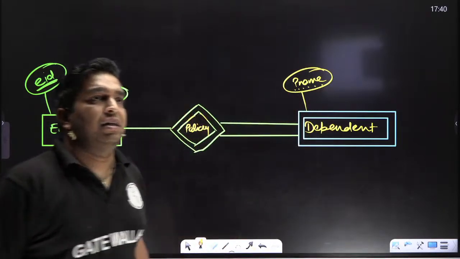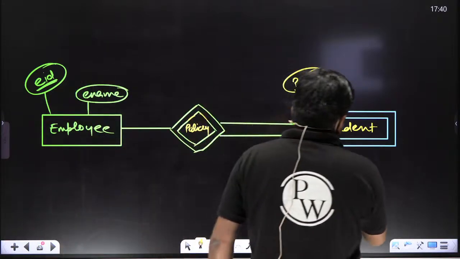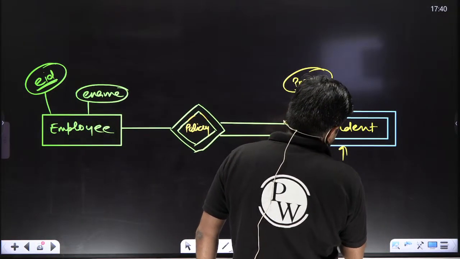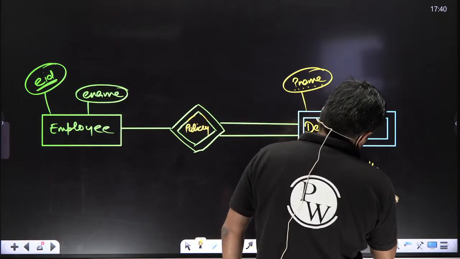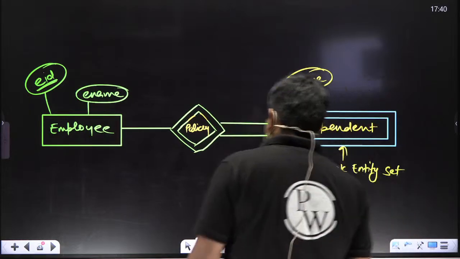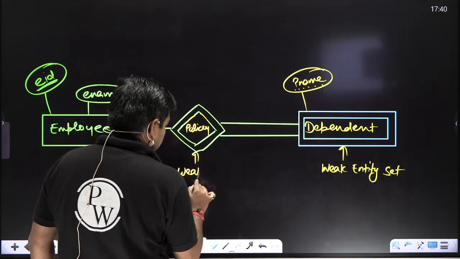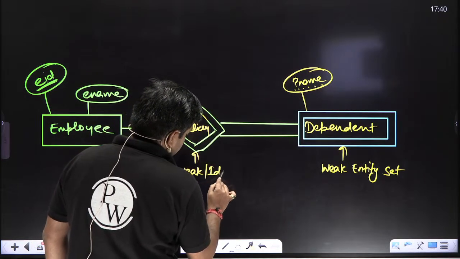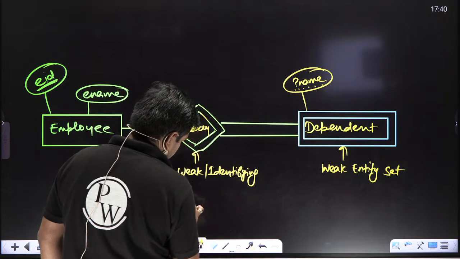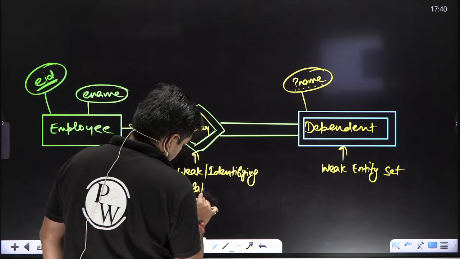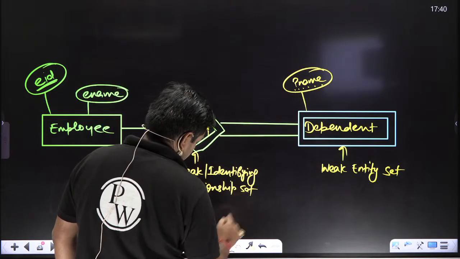A double diamond means, I will tell you, don't worry. This is called a weak entity set. This is called the identifying relationship. Mainly it is called the weak relationship set.